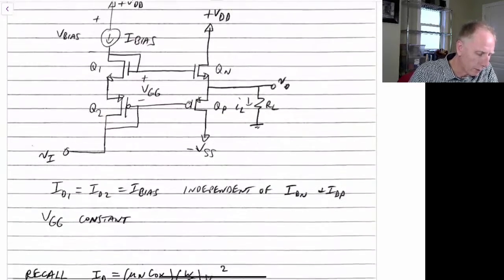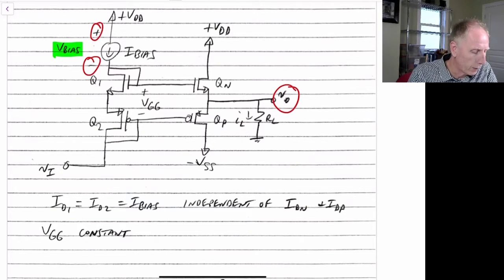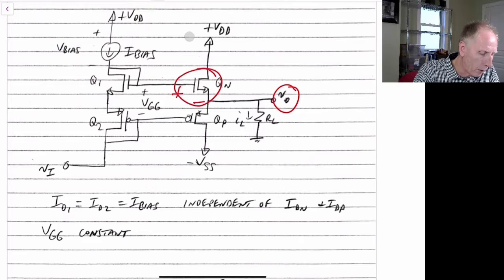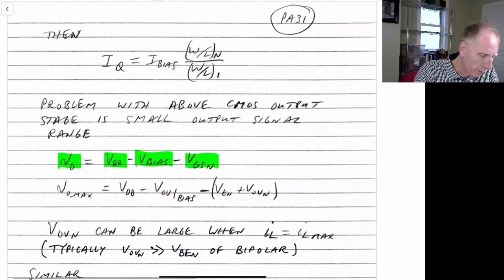In other words, this voltage here, if I call V bias over here as the voltage across our bias current here, so that might be an overdrive voltage or so, that the output voltage will be equal to VDD minus this voltage, so the voltage across I bias, and then minus the gate to source voltage of this transistor here. So that's what our output voltage is going to equal. So that's given by this equation that we have here.